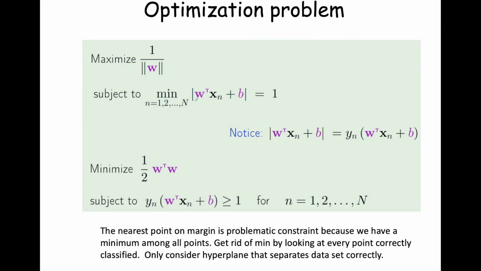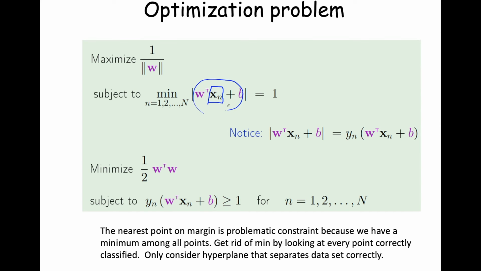And so we can think of this constraint of finding the in-sample point that's closest to the hyperplane as essentially saying get the classification, the labels, correct, because that's what this rescaling is doing, such that the closest point is equal to 1 when we compute W transpose xn plus b in absolute value. And the absolute value says that we don't care if it's on the positive side or the negative side of the hyperplane. Make sure that the closest one satisfies this constraint.